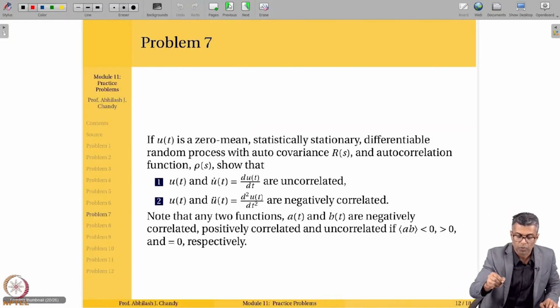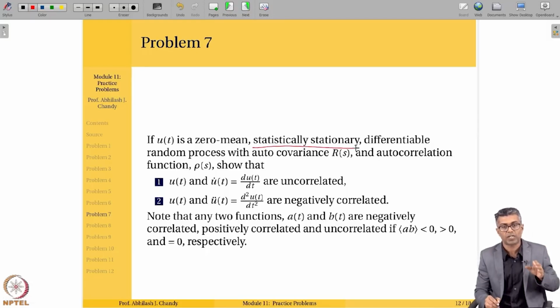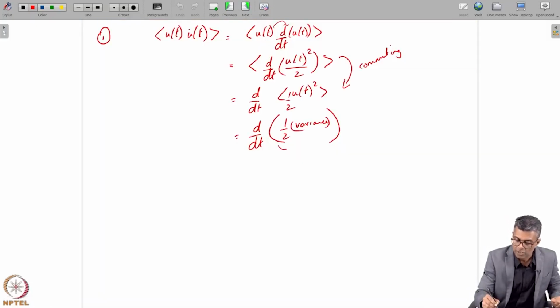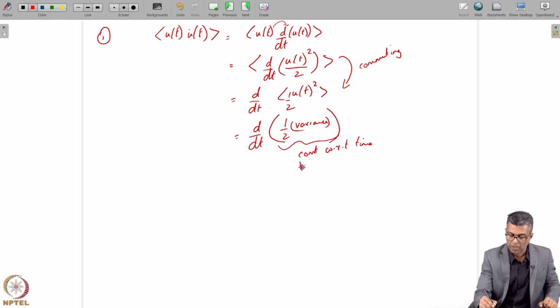Now remember what this problem is. It is a statistically stationary process. That means all statistics are independent of time. They are not changing with respect to time. So essentially, this is going to be a constant with respect to time because of statistical stationarity.